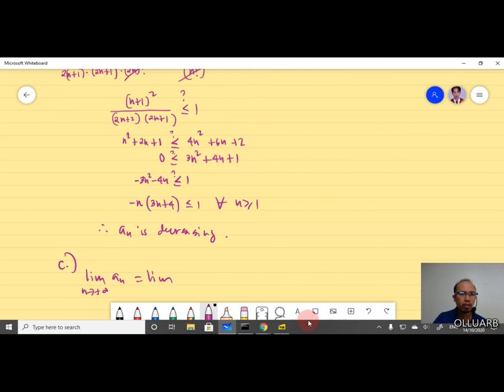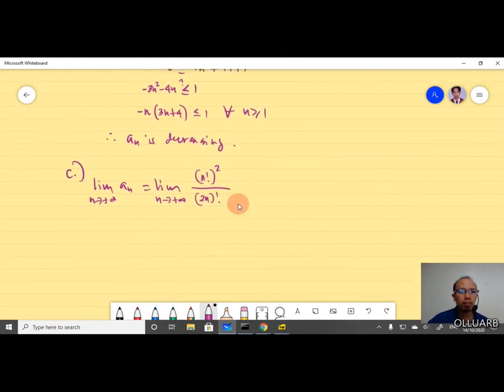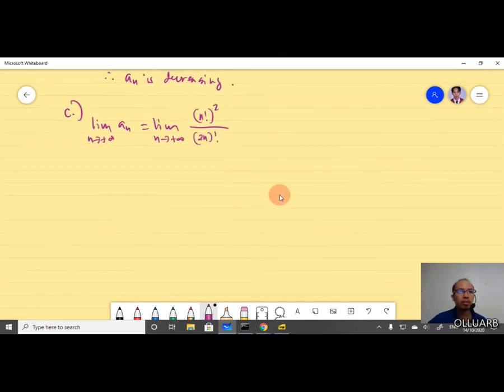So what is the limit of n factorial quantity n factorial square times 2n factorial as n approaches positive infinity? Then what is the limit? So how are you going to show, or what is the limit?